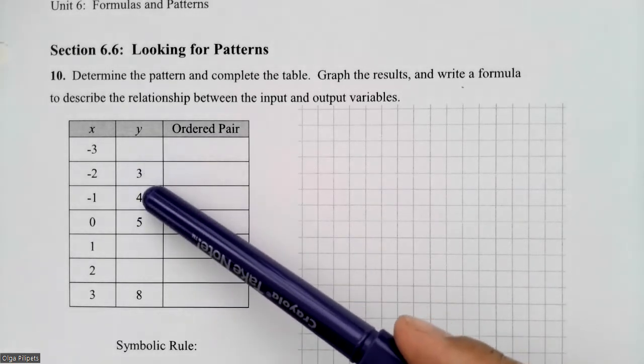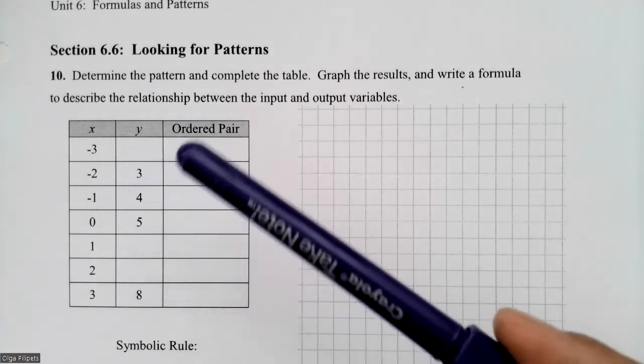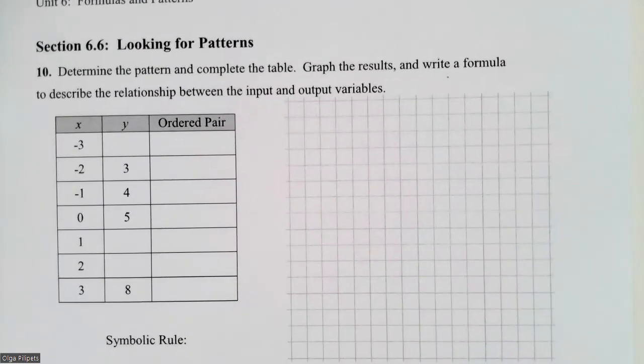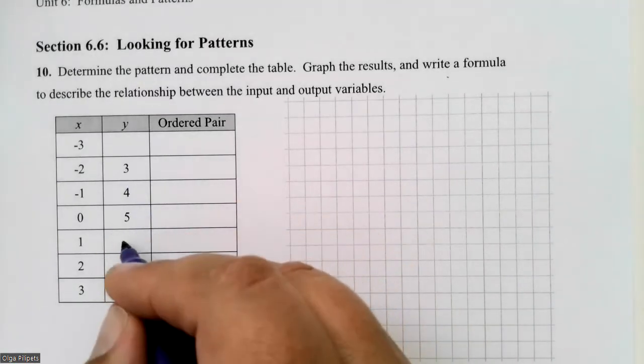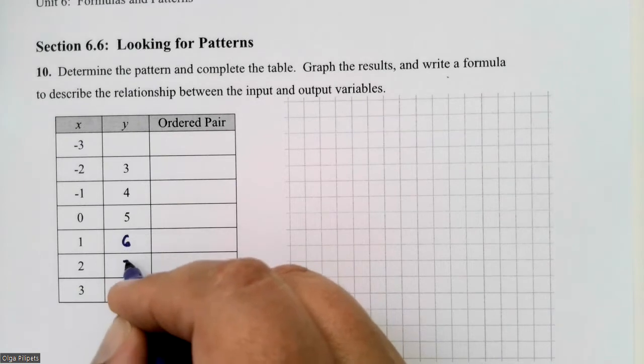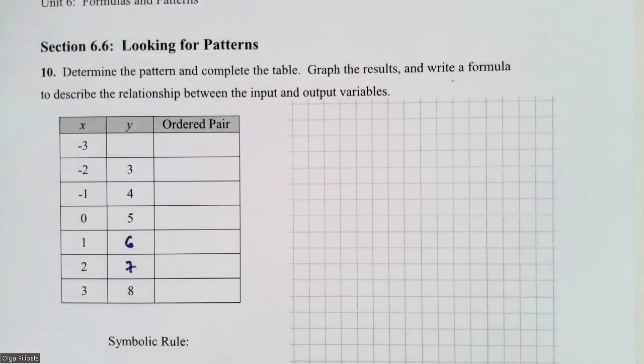So these are also increasing by 1. Okay, so if I keep this pattern, 3, 4, 5, that means here I'm going to have 6, 7, and 8.